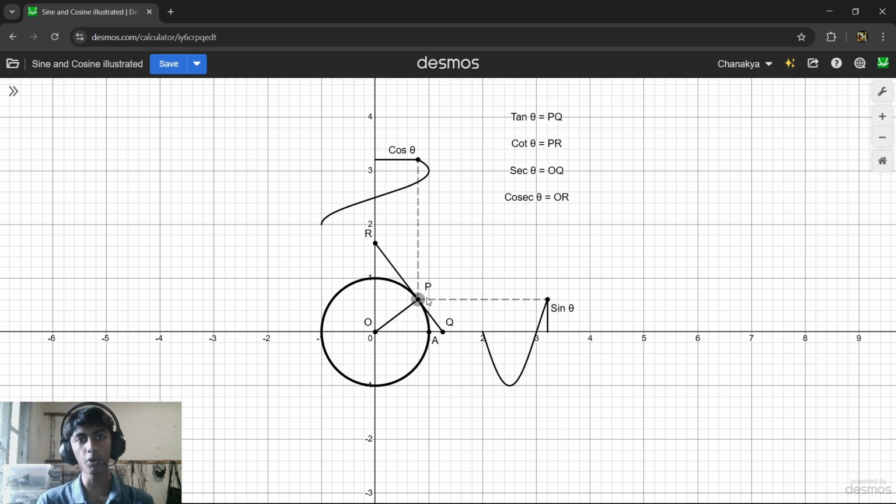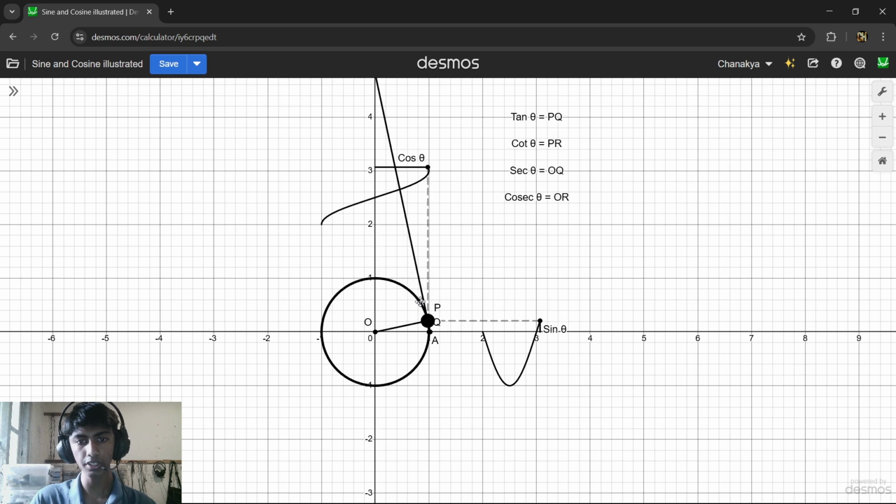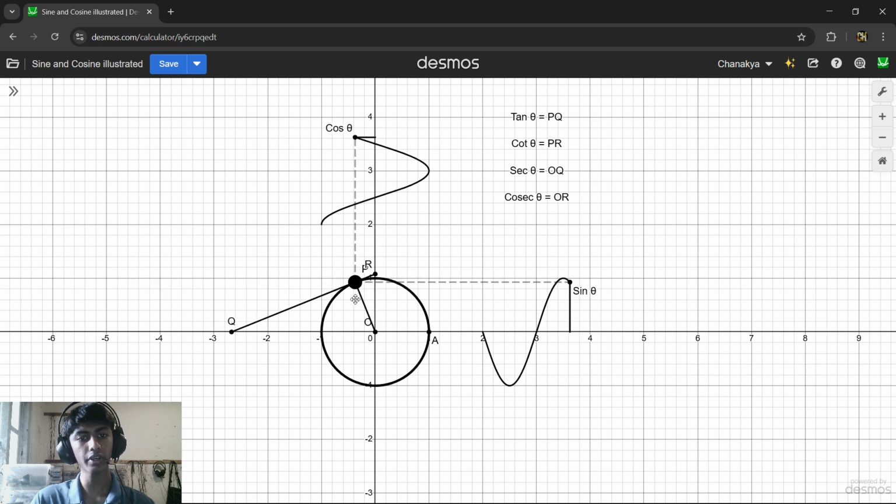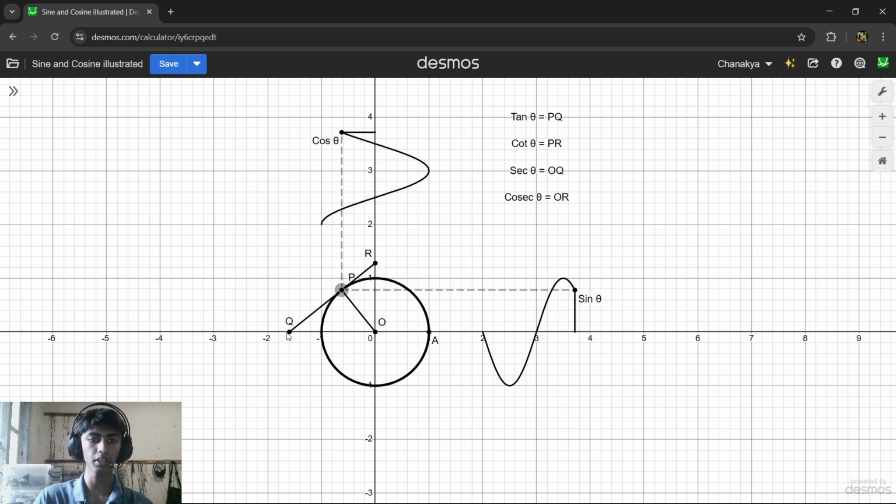So you can see, if you go to this graph in the link down below, if you click on the point P, you can drag it, and when you drag it, you can send it around the circle. And as you send it around the circle, you can see a lot of things are changing. The line QR is changing, and the two graphs of sine theta on the right and cos theta above are changing.